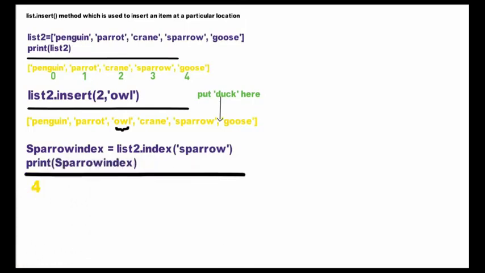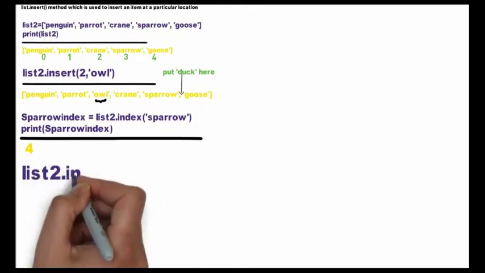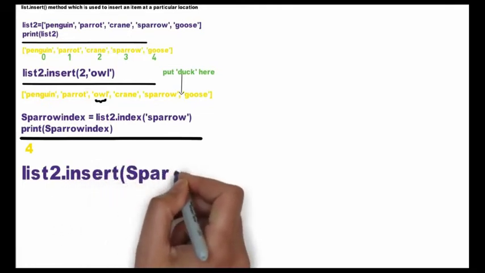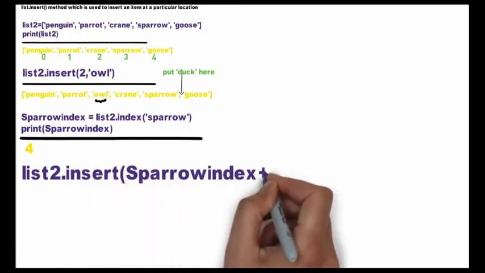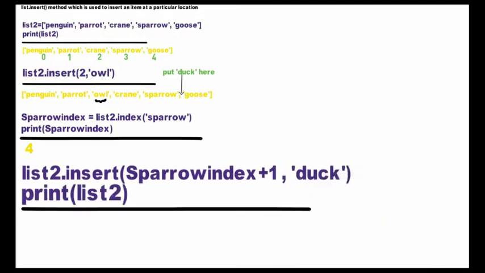We can see that the index of sparrow is 4. So in order to insert duck after sparrow, we need to insert it at the 5th index, which is nothing but 1 index more than sparrow. So let's write list2.insert(sparrow_index + 1, "duck").